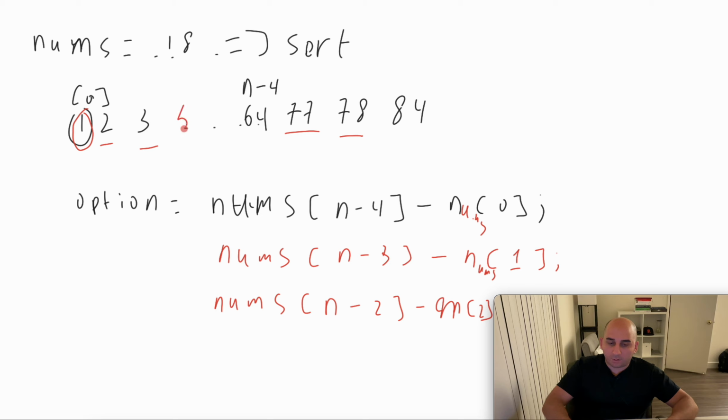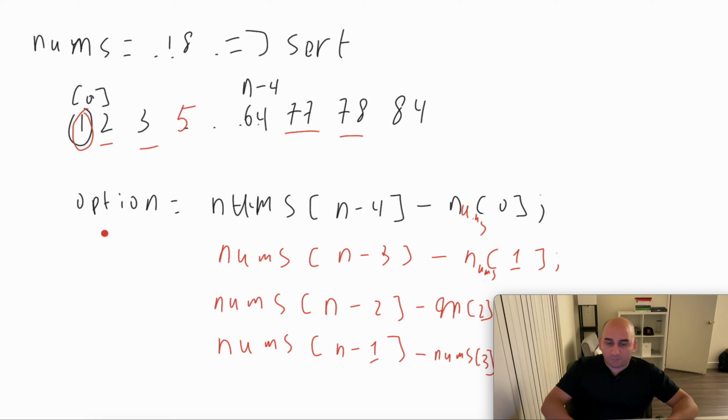Let's say this element is equal to 5. That would be nums, the last element we are taking, n minus 1, and we are taking the fourth element from the beginning of the array. So minus nums 3, right?